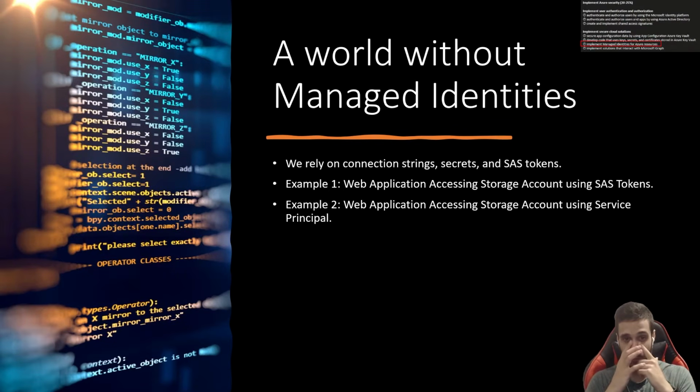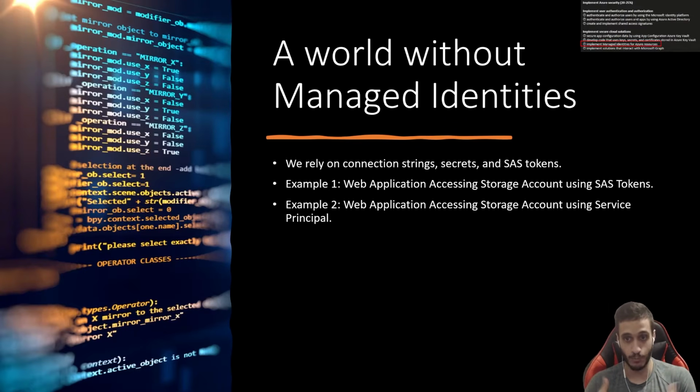Example 2 is, for example, when a web application is accessing a storage account using service principal, meaning that the web application itself is registered on Azure Active Directory, and then the application would use the client secret to get back a token from Azure Active Directory, and then would use that token to access the storage account. In example 2, you are still using a secret, which is the client secret on Azure Active Directory.